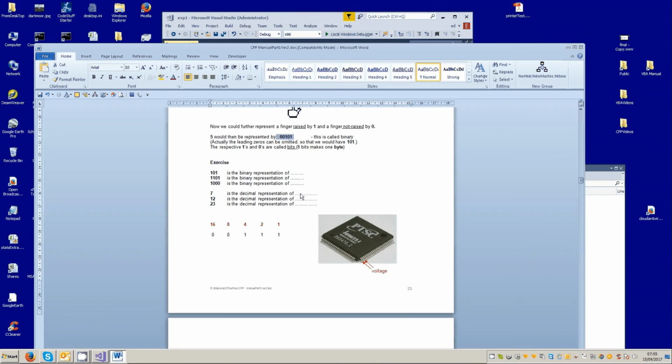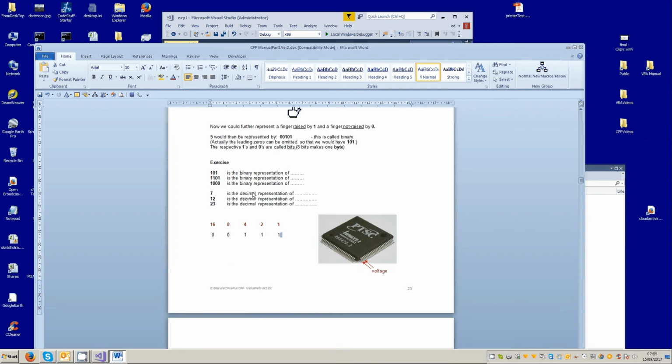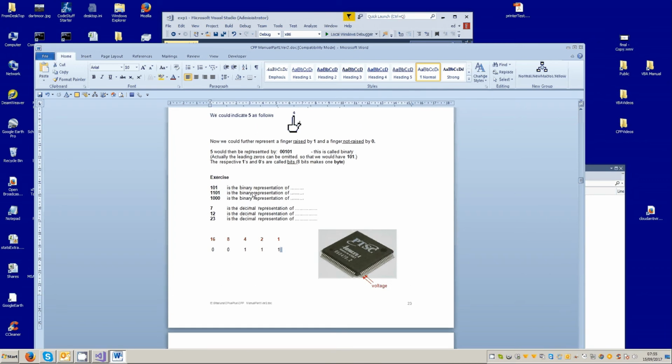So if someone said to you, from scratch, what does that binary number represent in decimal, you'd write these numbers, as many as you want, going across, multiplying by 2, and underneath them you would place the 1s and 0s.